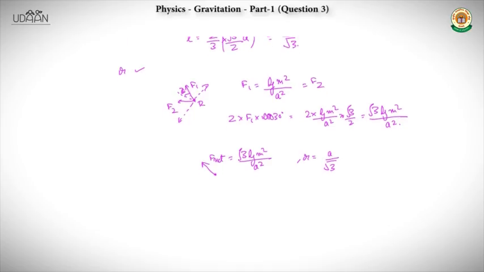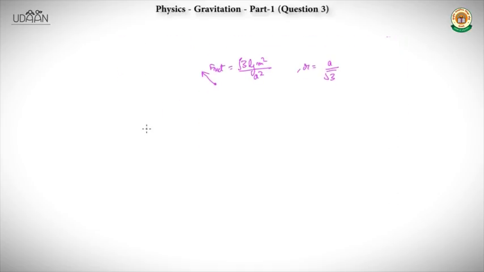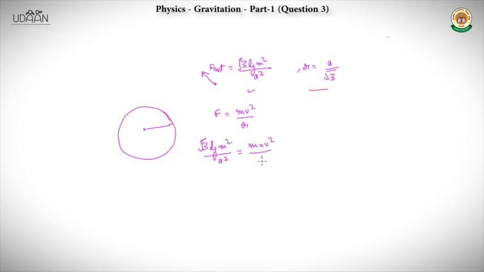Now it becomes very easy, just another problem. At this point there's a circular motion happening, so we'll plug in the equations of circular motion. The force should be equivalent to mv square upon r. The force is this much and the radius is this, so I'll just plug it in. Root 3 Gm square upon a square should be equivalent to m into v square upon r, where r is equal to a upon root 3.